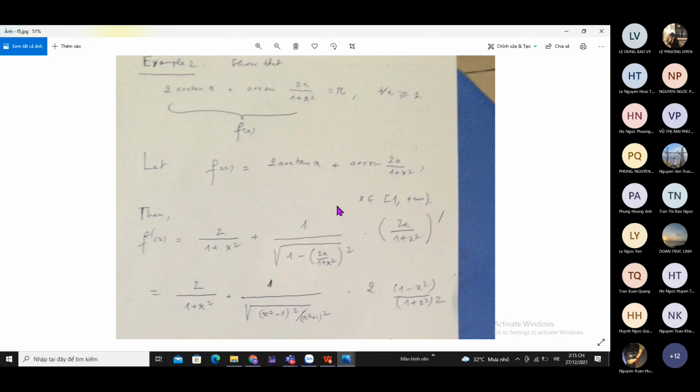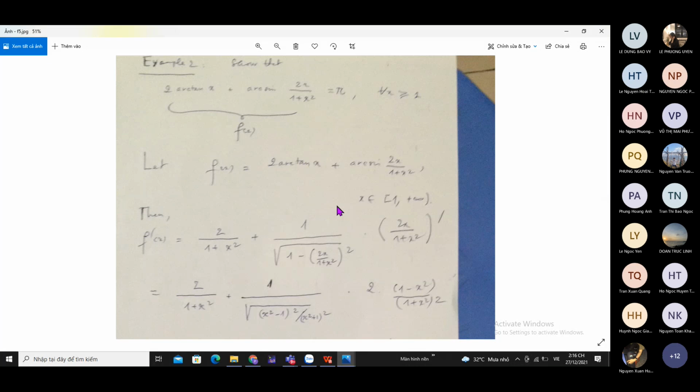Now, how to get the derivative of sine inverse of 2x over 1 plus x squared? Of course, we apply the chain rule, right? Applying the chain rule, we get something like this: 1 over the square root of 1 minus the quantity 2x over 1 plus x squared, all squared, and times the derivative of the quotient 2x over 1 plus x squared.